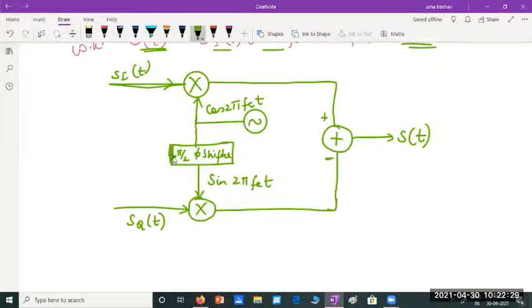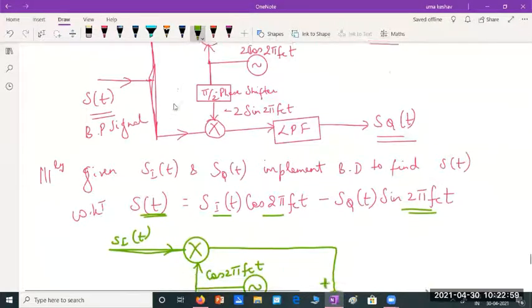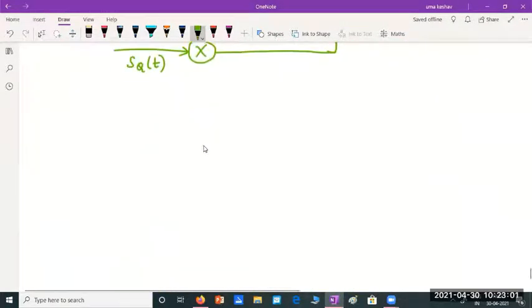So please remember, you can shift the phase either by plus pi by 2 or minus pi by 2. If you use a minus pi by 2 phase shifter, cosine will become plus sine. Otherwise, it will be minus of sine. And you can implement that negation here when you use the final adder. Okay. So please take care of these small things. They are very small, usually go unnoticed, but remember to keep it in mind.